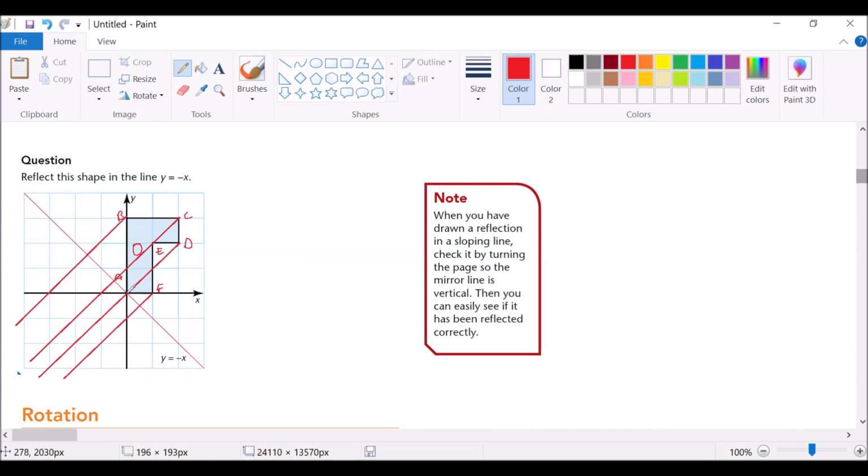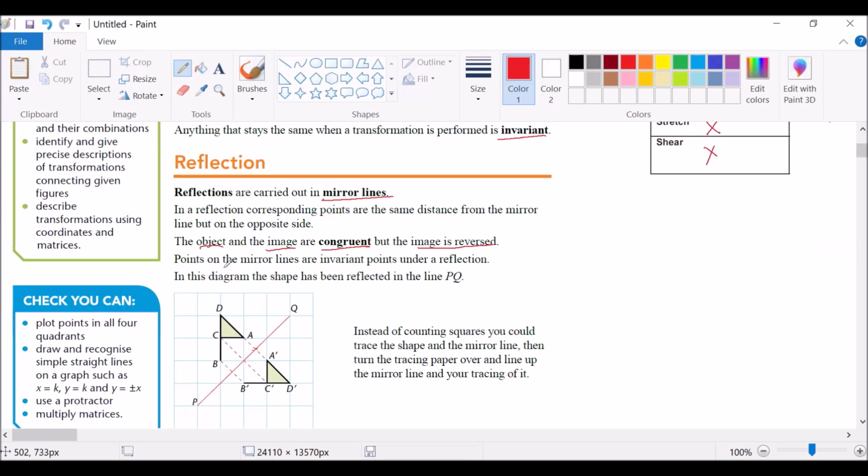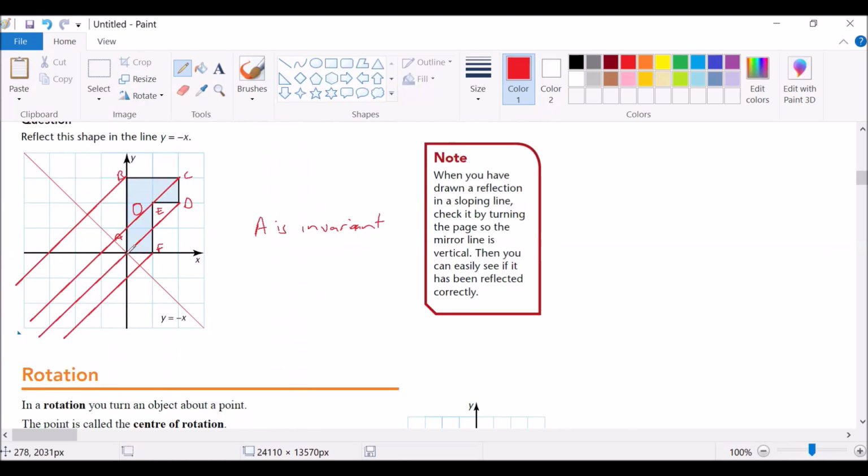So we start with A. We can see A is right on the mirror line, so we can say A is invariant. We said points on the mirror lines are invariant points under a reflection. Their position will not be changed. So our point A also becomes our A bar.